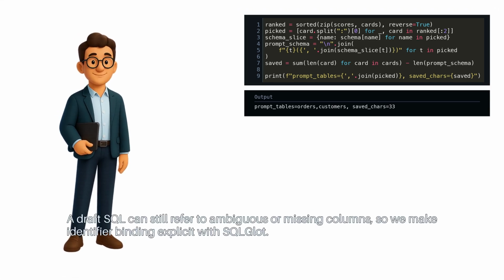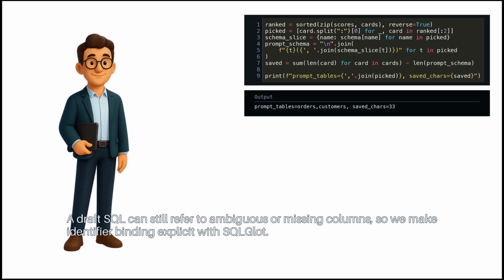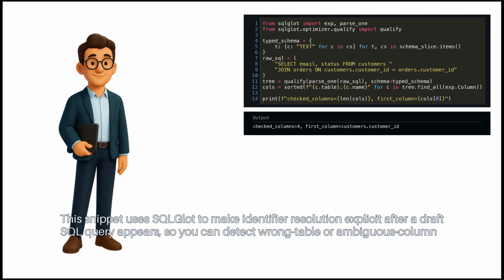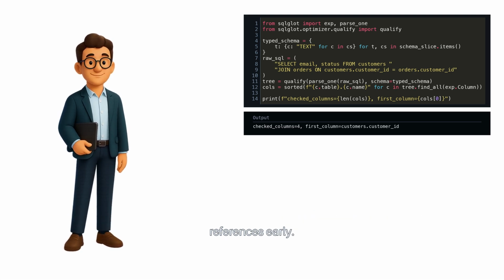A draft SQL can still refer to ambiguous or missing columns, so we make identifier binding explicit with SQLGlot. This snippet uses SQLGlot to make identifier resolution explicit after a draft SQL query appears, so you can detect wrong table or ambiguous column references early.